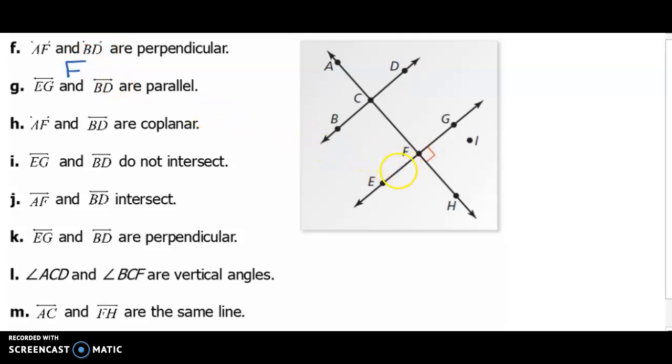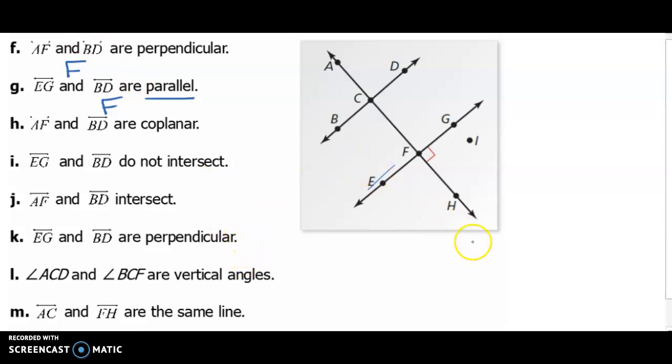All right. EG, so this line here, and BD are parallel. Well, once again, they look parallel, but there's nothing that tells us they are, so this is false. We'll learn next chapter how to show two lines are parallel.